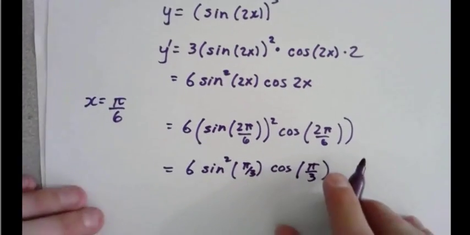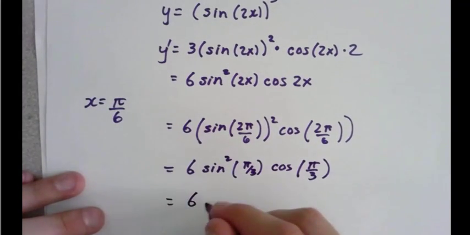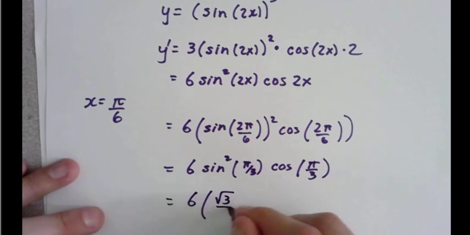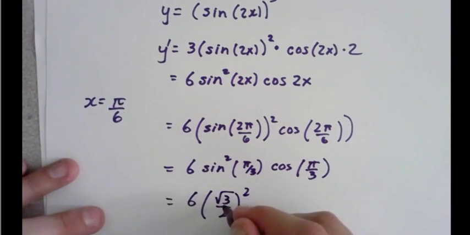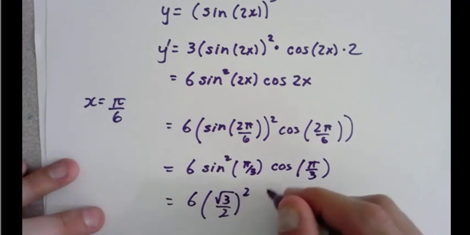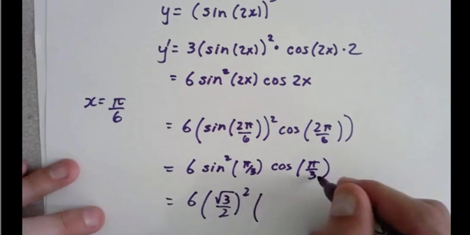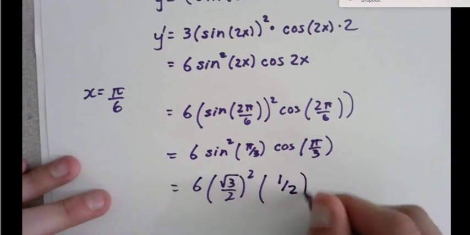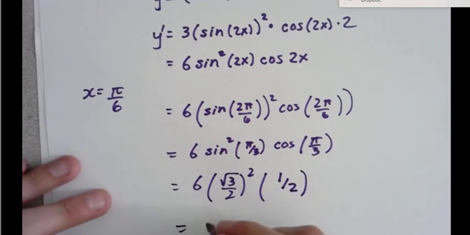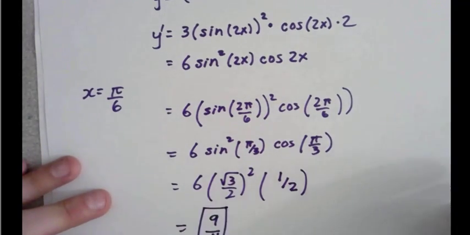I keep going, and now I have 6 times the quantity root 3 over 2 squared, because the sine of pi over 3 is root 3 over 2. I square that, times cosine of pi over 3, which is 1/2. When I simplify that out, I get 9 over 4, and there's the slope of the tangent line.